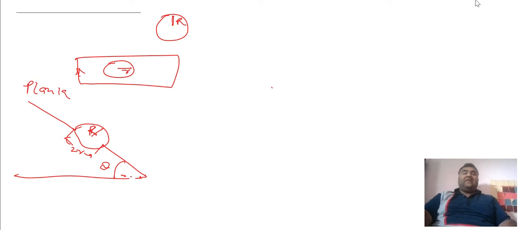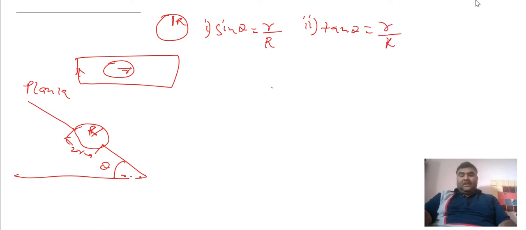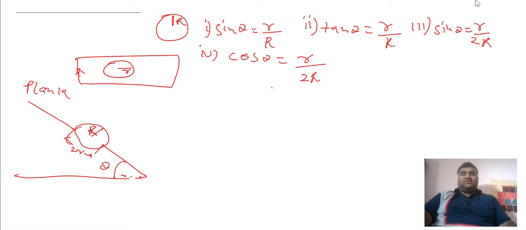The options given are: sine theta equal to small r by capital R; tan theta equal to small r by capital R; sine theta equal to small r by 2 capital R; and the last option, cos theta equal to small r by 2 capital R. This is the question.